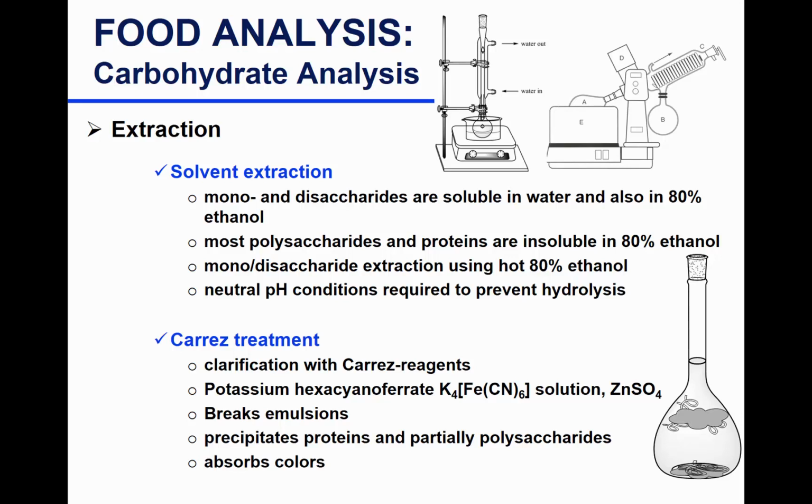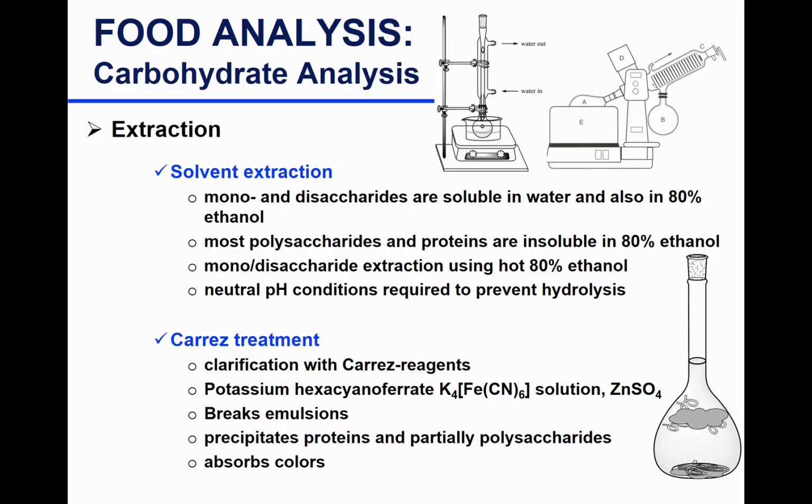So you really want to get rid of everything else to purify your sample. So what you would do first is, like we said, homogenize the sample. You dry it, you defat it. Okay, so we got rid of moisture, we got rid of your lipids, and now we have polysaccharides, proteins, and your mono and disaccharides. So you want to get those out, separate them from protein and polysaccharides.